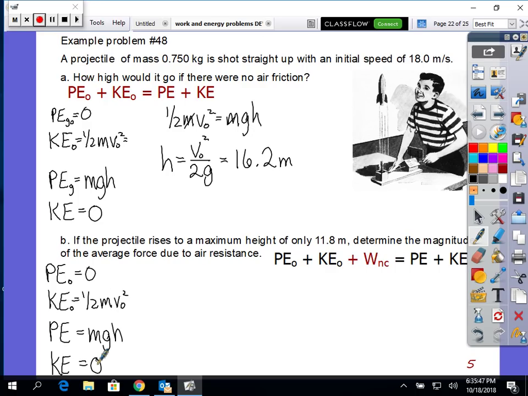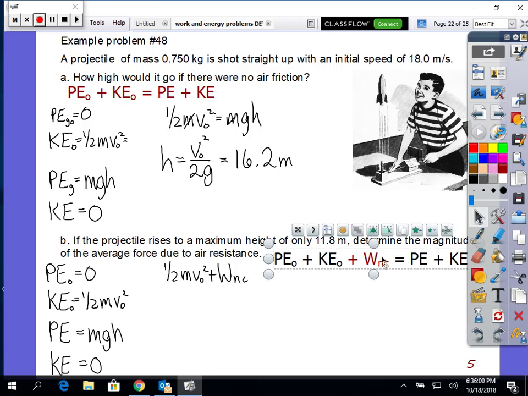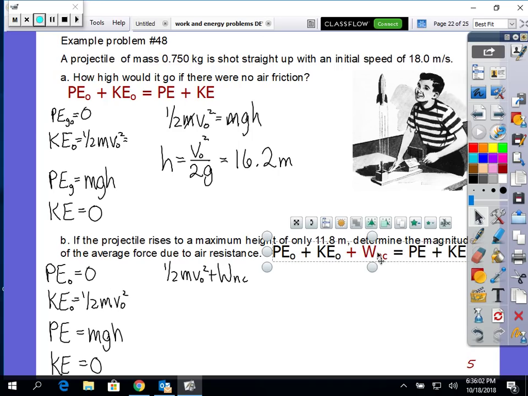When I plug it into this equation, I get 1/2 mv naught squared plus work non-conservative. Oh, I didn't leave enough space. Let's move that up a little. Okay, equals mgh.